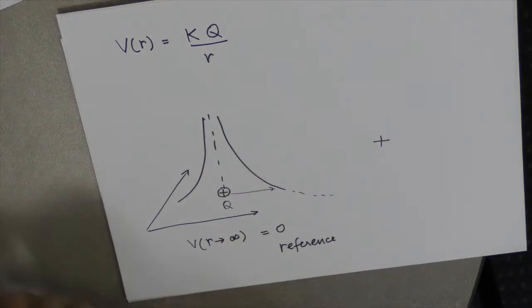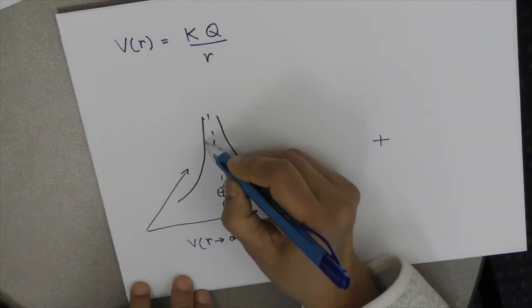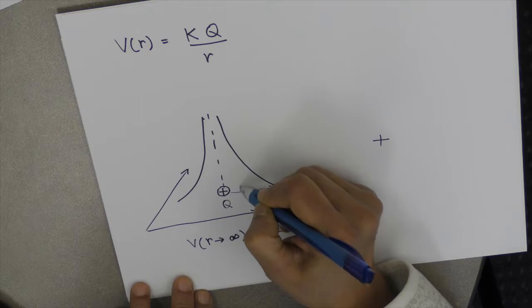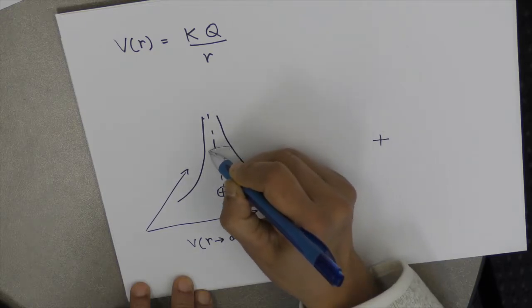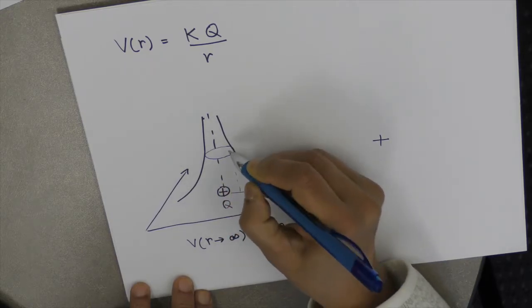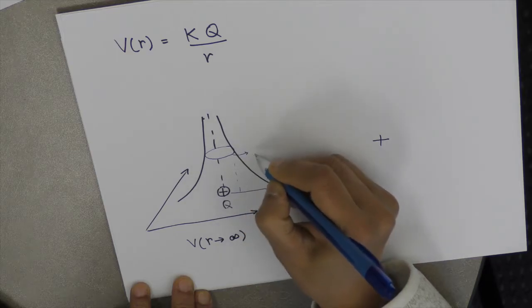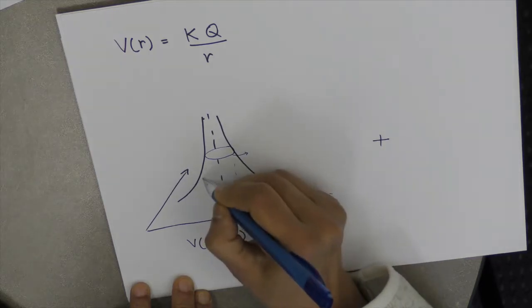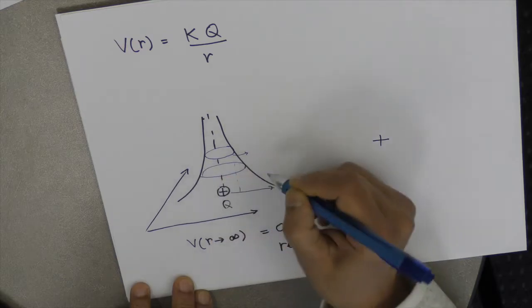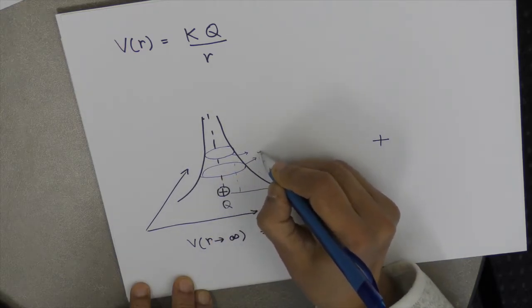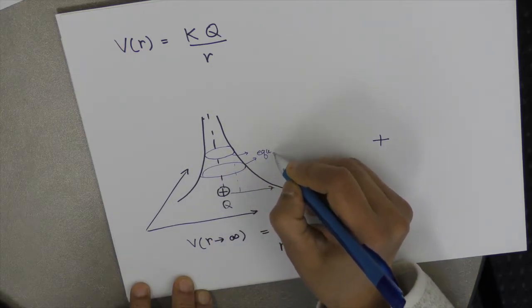Another way to plot this is to look at a certain radial position, go all along the circle, and you know from here that the potential is going to be constant. So these circles are equipotential surfaces or equipotential contours.